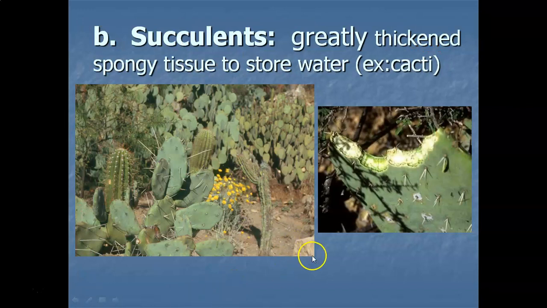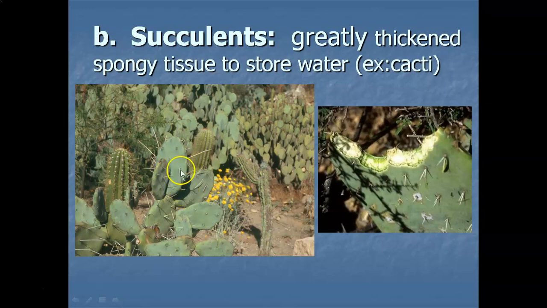The second adaptation is that many of the plants are succulents, specifically the cactus or the cacti, plural. Cacti are plants with greatly thickened spongy tissue that store the rainwater. So when you do get a rain, they take in the rainwater and store it, and the plants really plump up.